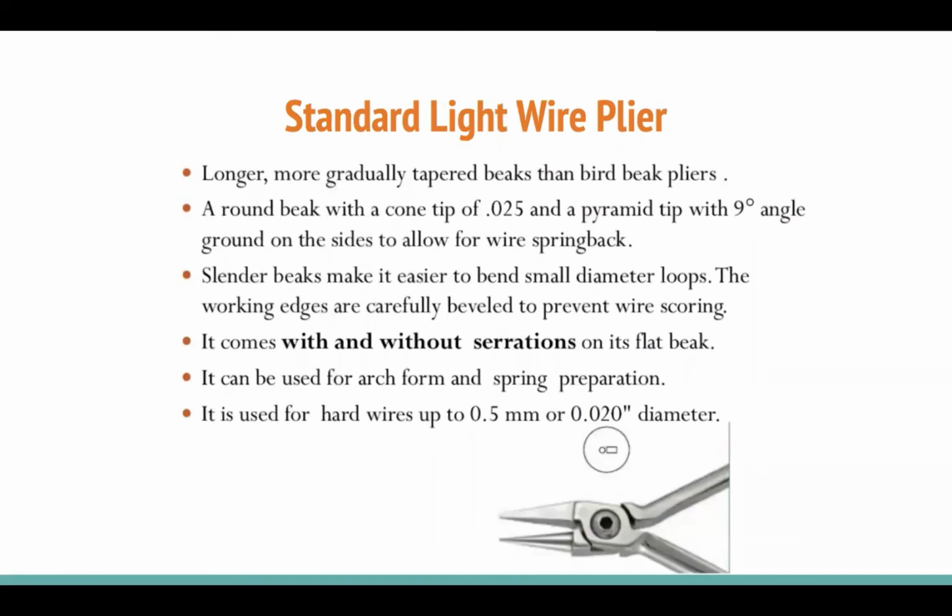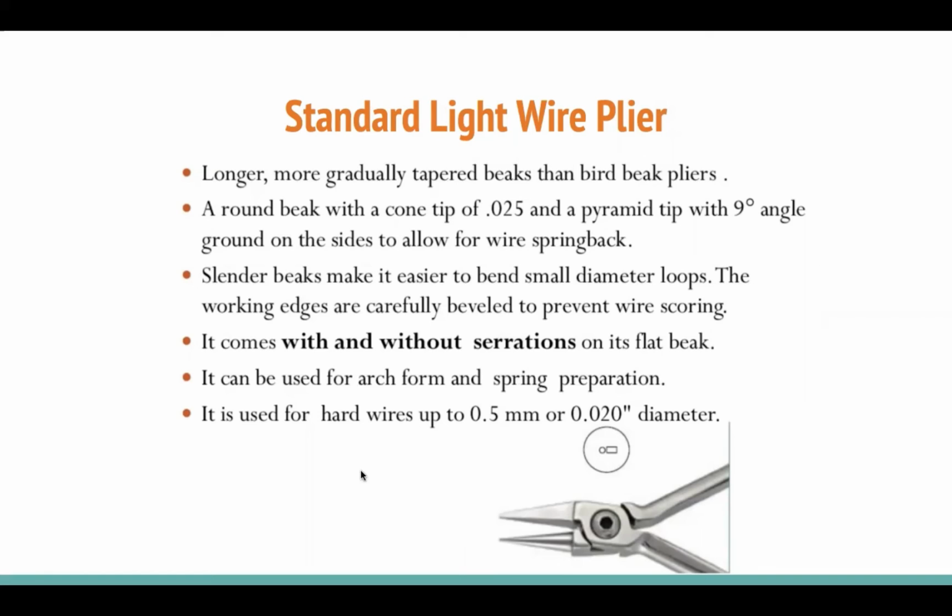Then you can have the standard light wire plier. It looks like a bird beak, but it's a little bit taller, okay? It has a longer and more gradually tapered beak than a bird beak plier. So either you get the bird beak plier or you get this standard light wire plier. Both of them can be used for the same purpose. The only reason you use this one, since the beak is longer, the tip is longer, you can make small diameter loops.